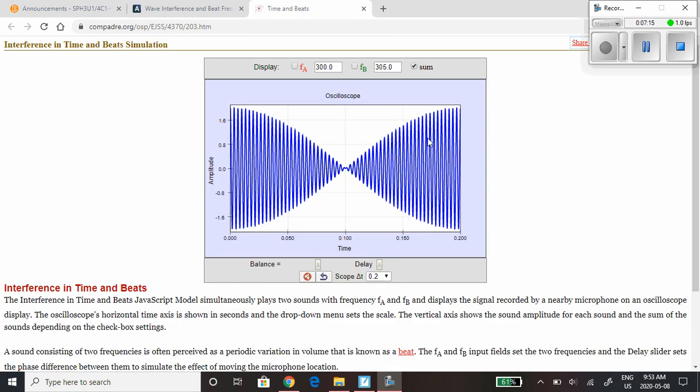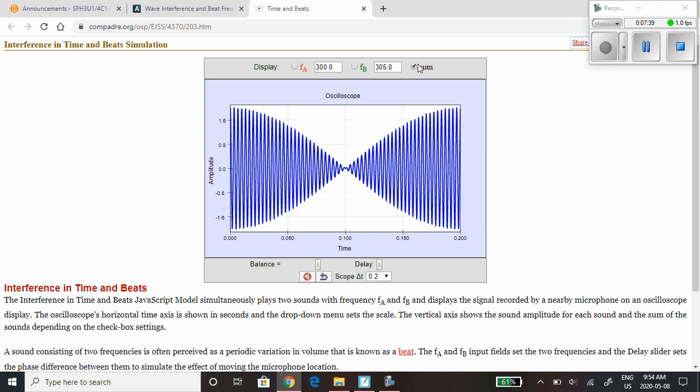Now here's another simulation you can play with, and you can set the display to show one of the waves, both of the waves, but you always see what the two of them added together. So this is showing a 300 hertz frequency and a 305 hertz frequency played together.